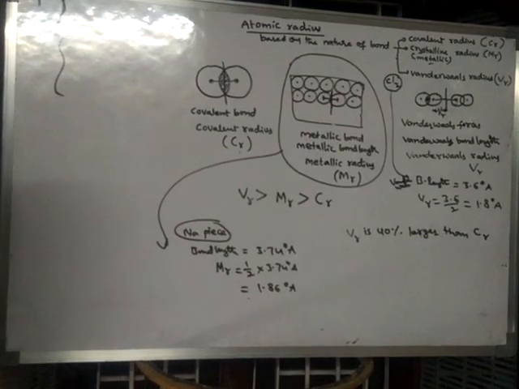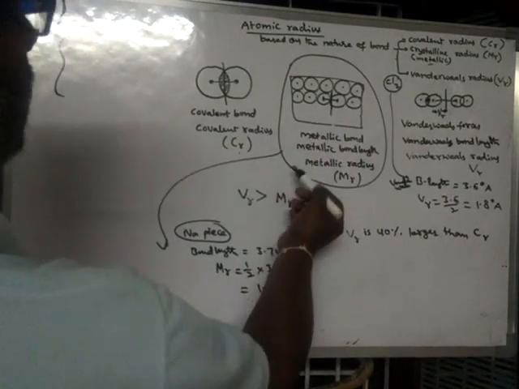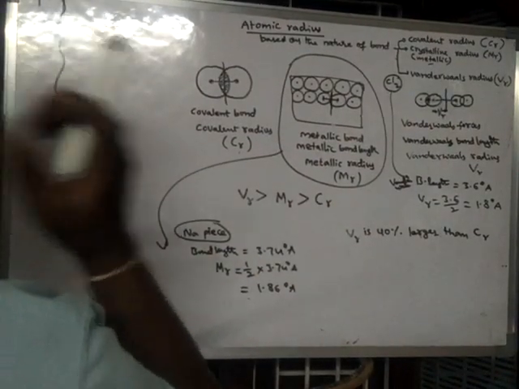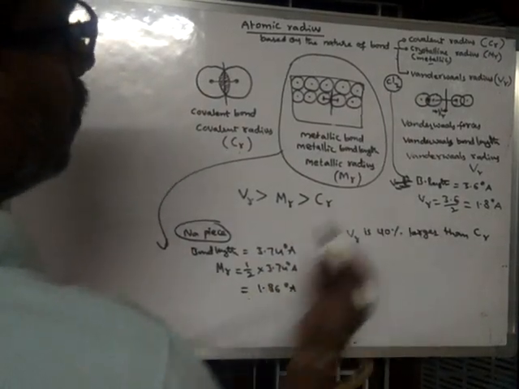Okay, like this. Of course, I have taken sodium as an example here, and chlorine as an example here. As the atoms are different, their bond length and radius will also be different.